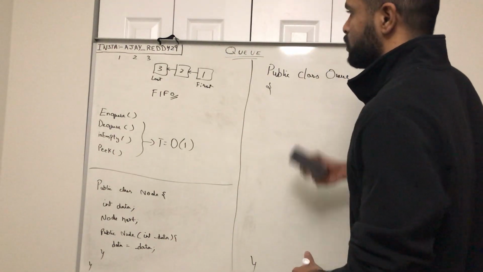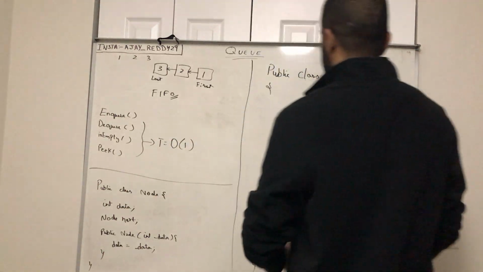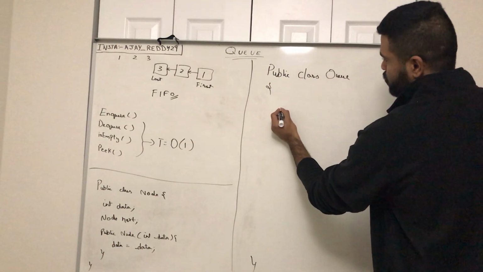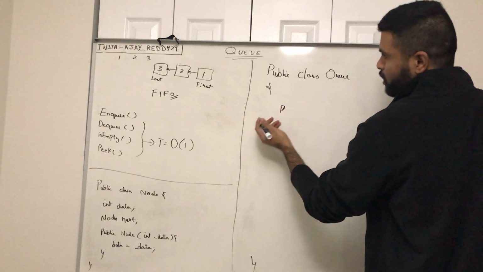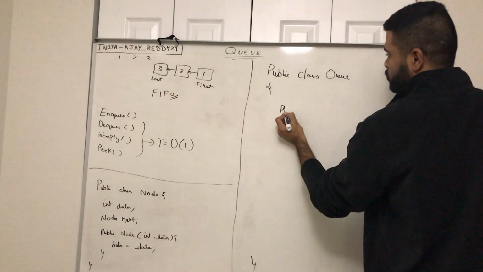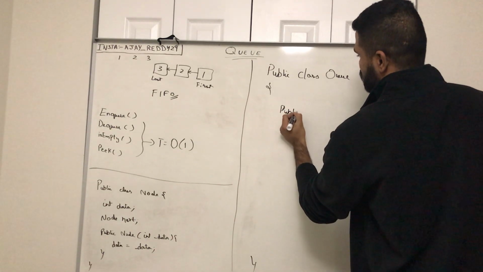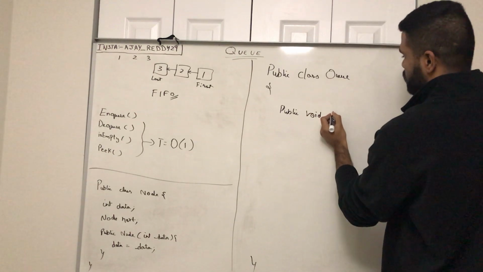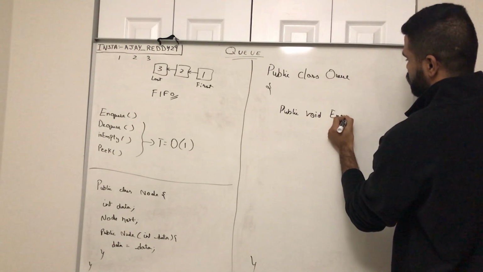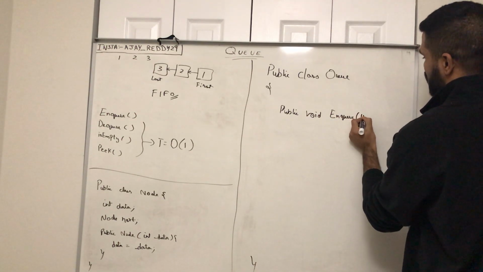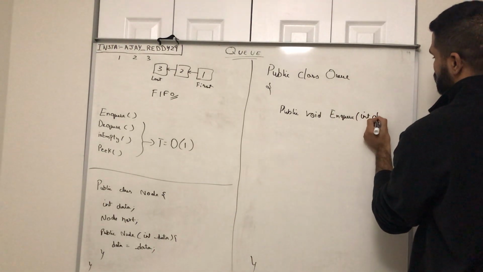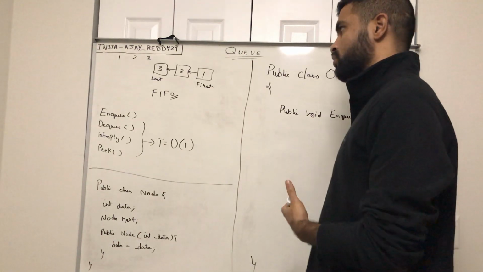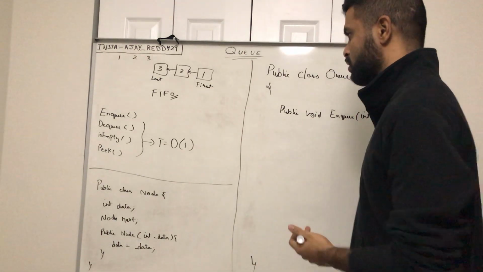Let's start the implementation of enqueue. Here I'm having class Queue, so I'll implement it here. For inserting an element, we name it enqueue, so that would be public void enqueue. I'll be passing the data, because for inserting a new item I need data.